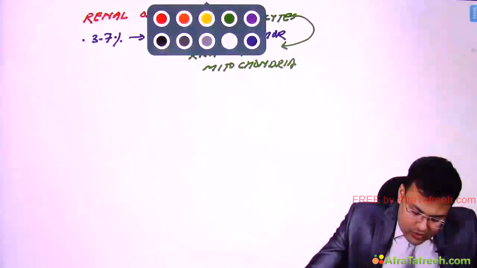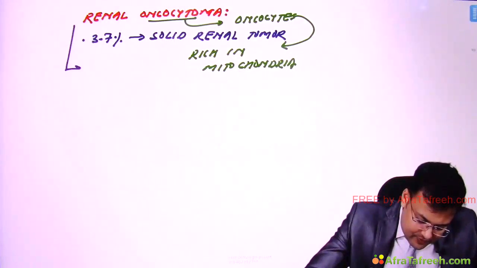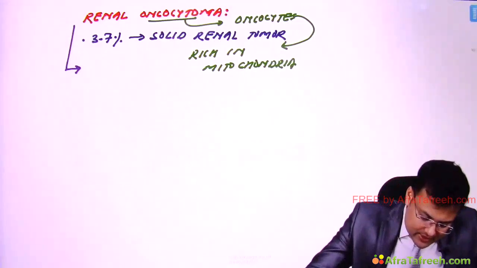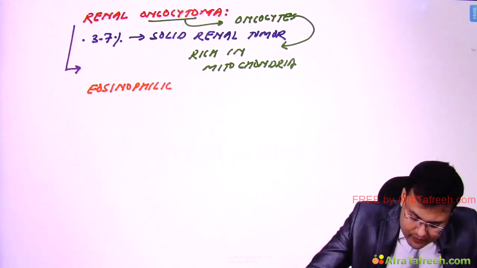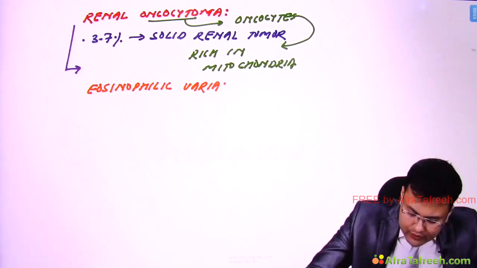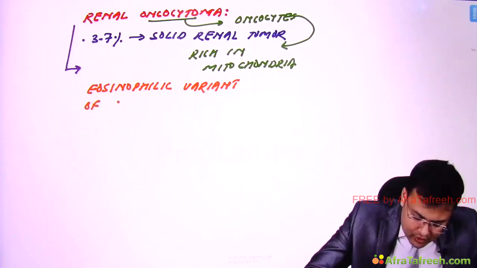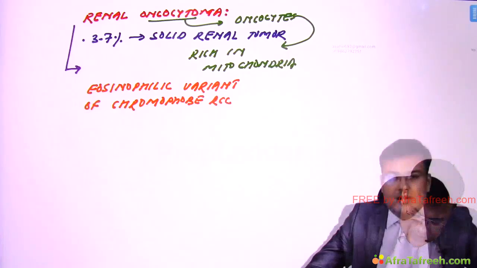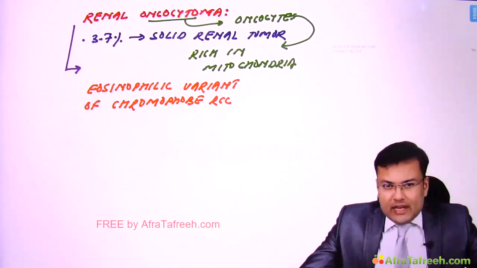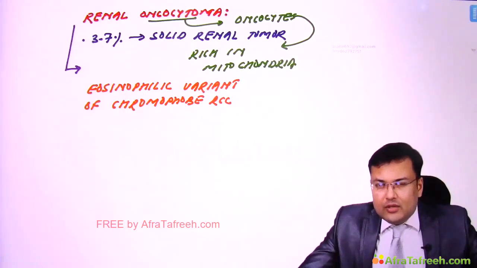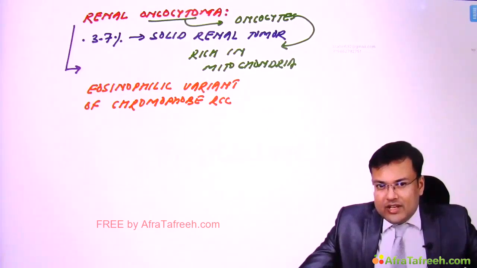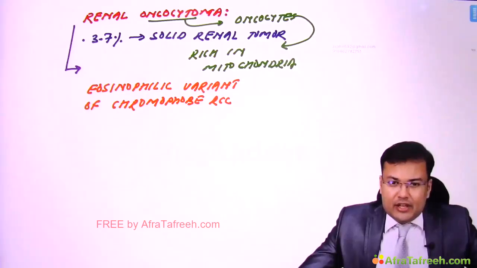So this renal oncocytoma, this is important, it mimics the eosinophilic variant of chromophobe RCC, right? Now see, most of the questions asked related to renal oncocytoma are from pathology and radiology. So we discussed it is rich in mitochondria and it mimics the eosinophilic variant of chromophobe RCC.